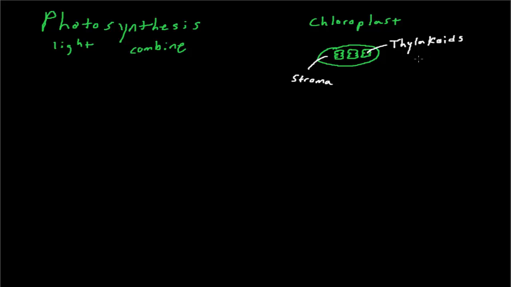Okay? Thylakoids contain a material you've probably actually heard of before called chlorophyll. All right, chloro comes from the Greek meaning green. Phyll means leaf. And this is what makes leaves green, chlorophyll.